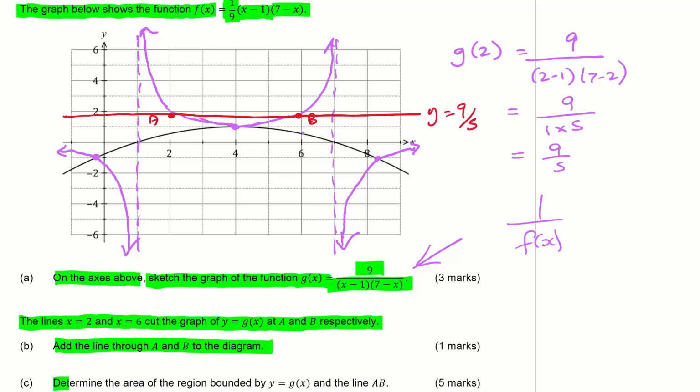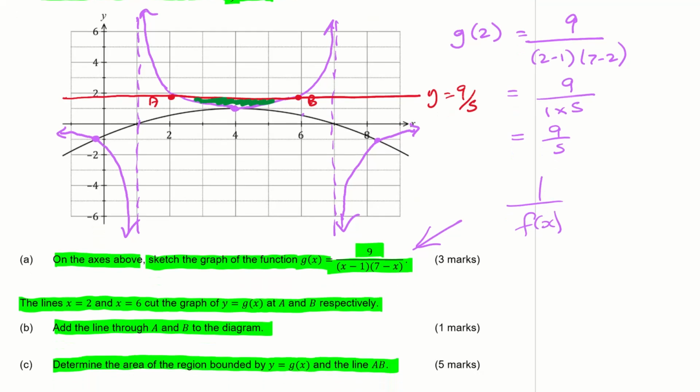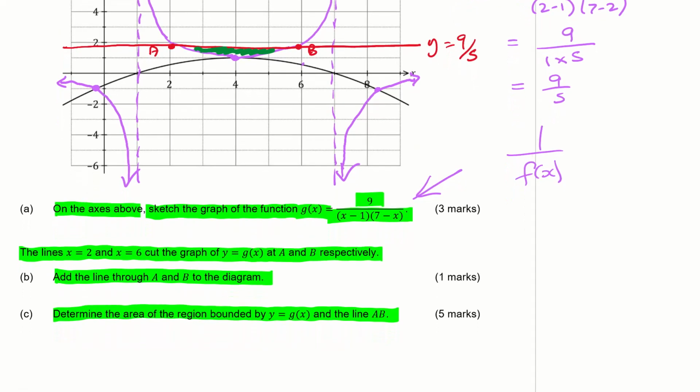And then we want to determine the area of the region bounded by y = g(x) and the line AB. So in other words, we want this here. Okay, well we can do that using this rectangle, and taking away the area under here.